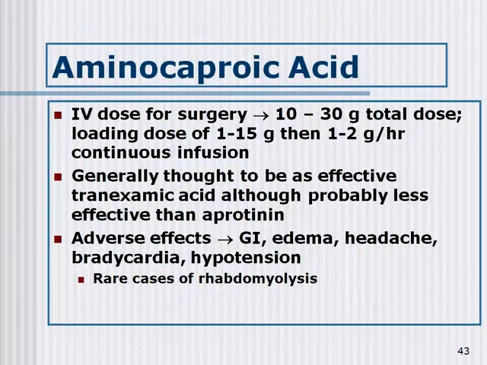I've seen physicians use this for patients with subarachnoid hemorrhage, thinking that they can stop the bleeding. Some have suggested these could be given to patients that have had serious bleeds with lytics, because they do kind of the opposite of what thrombolytic or fibrinolytic drugs do. Again, not a lot of evidence that they're effective in those settings.